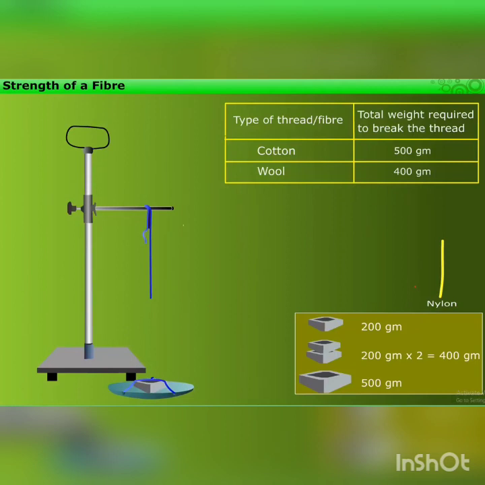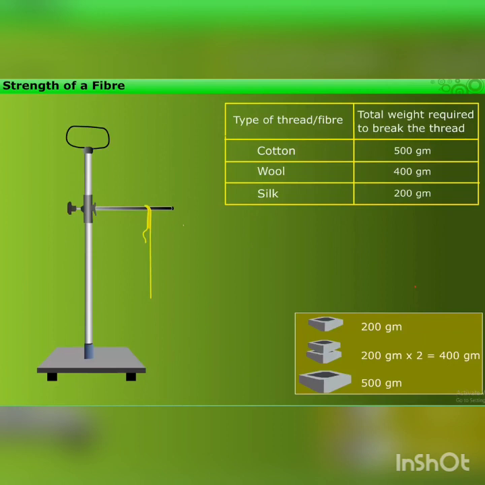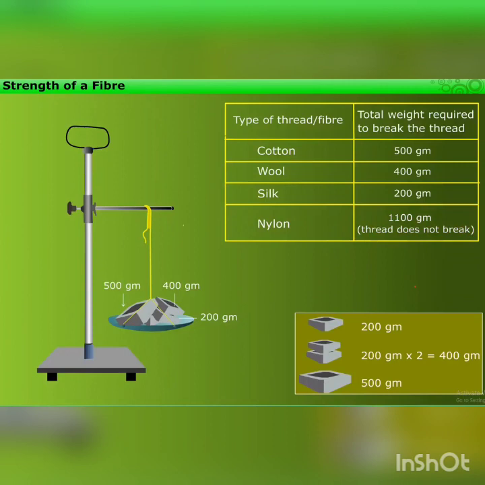You will observe that, when a weight of 200 grams is placed in the pan, the thread breaks. Now use the nylon thread, and add weights, till the thread breaks. You will find that, even after adding all the weights, the thread remains intact. From this activity, you can conclude that nylon is the strongest fiber.